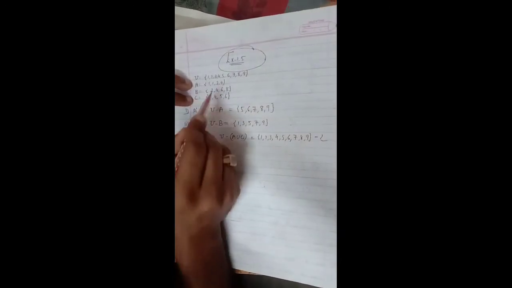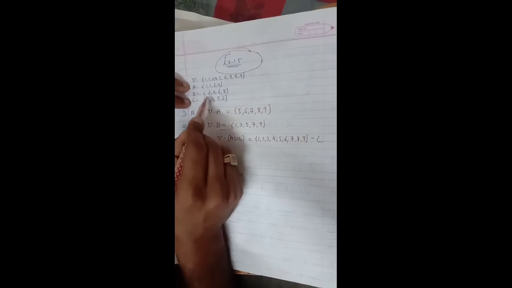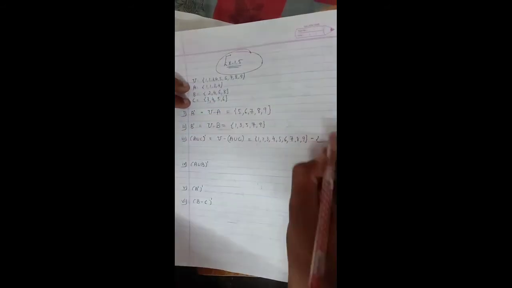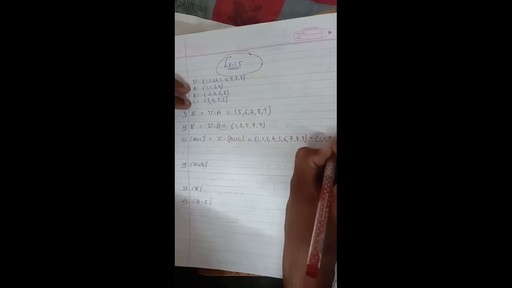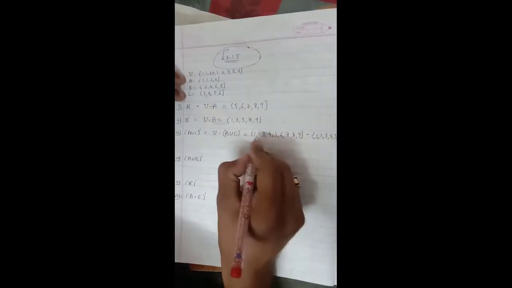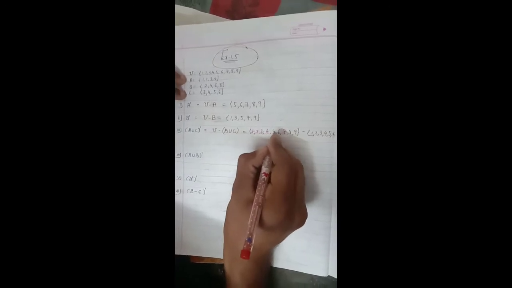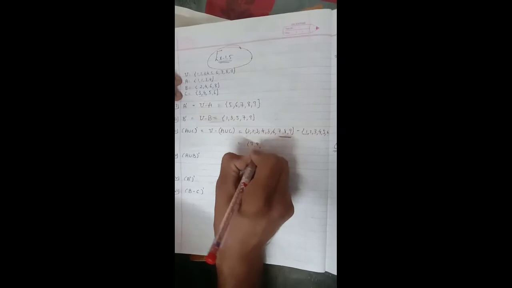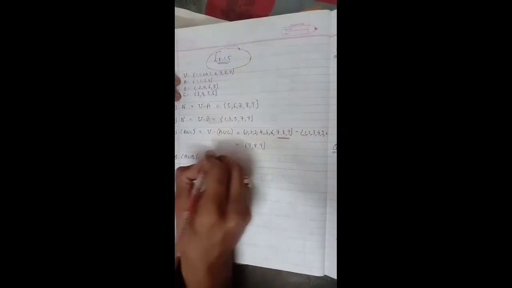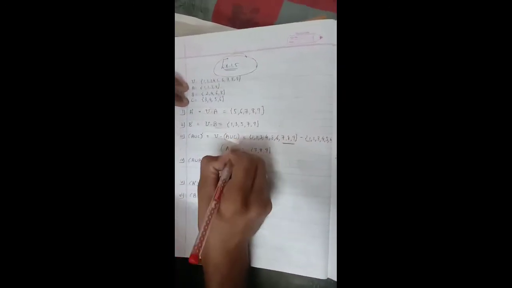So 1, 2, 3, 4 common, no need to write 3, 4 again. So 1, 2, 3, 4, 5 and 6. Cut 1, 2, 3, 4, 5, 6 from U. It means the answer is what? 7, 8 and 9. This one is what? A union C whole dash. This one is B dash, this one is A dash.